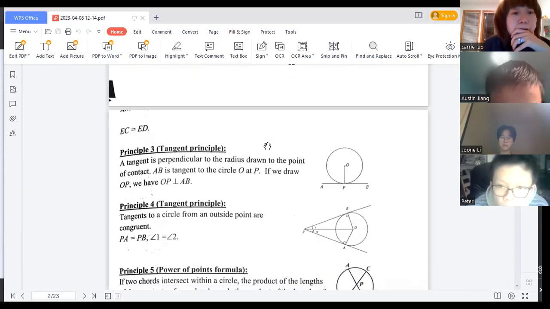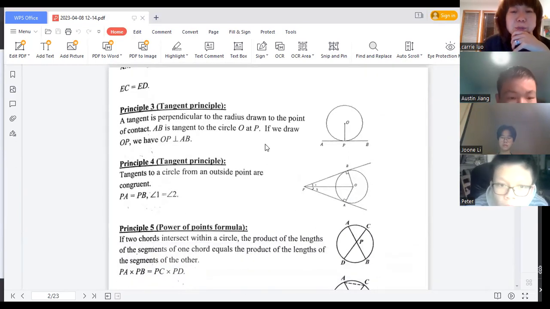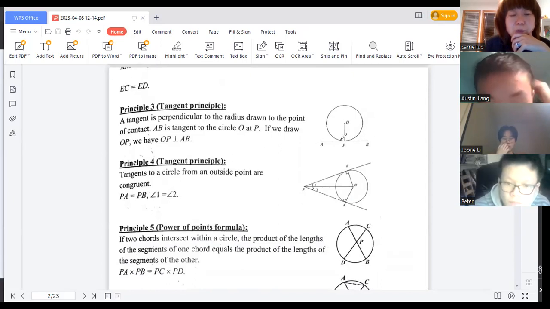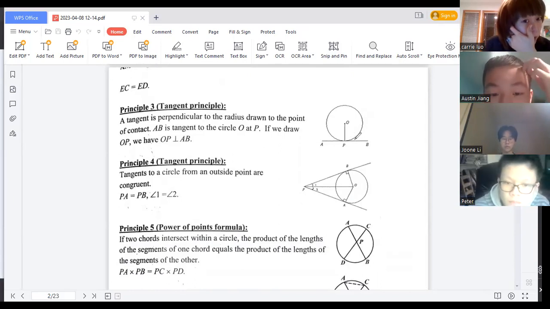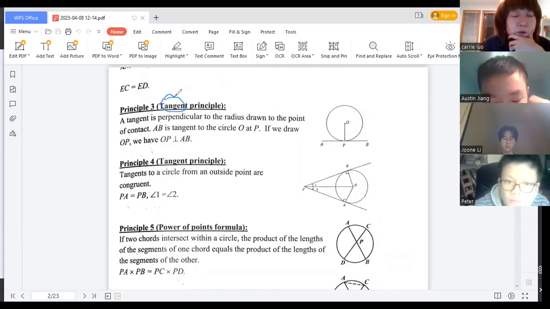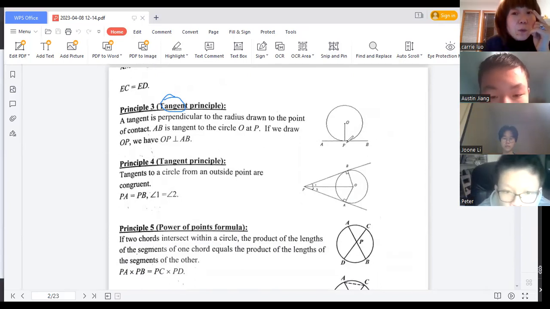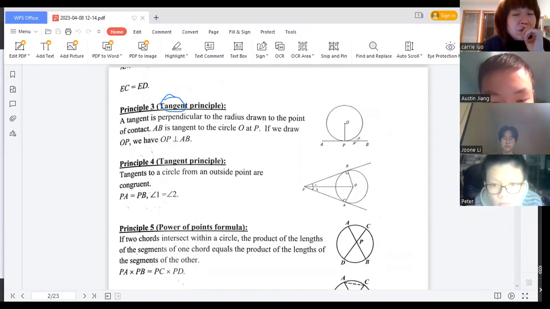I don't know. Okay, so principle 3, tangent principle. Okay, so this is very important. A tangent is a perpendicular line to the radius down to the point of contact. So AB is tangent to the circle O at P. If you draw OP, OP is perpendicular to AB. 什么叫 tangent？我们以后学到 AP 的时候，大家就知道啊。如果用中文的话是切线，对不对？That means AB will have connected with circle O, but with only one point.